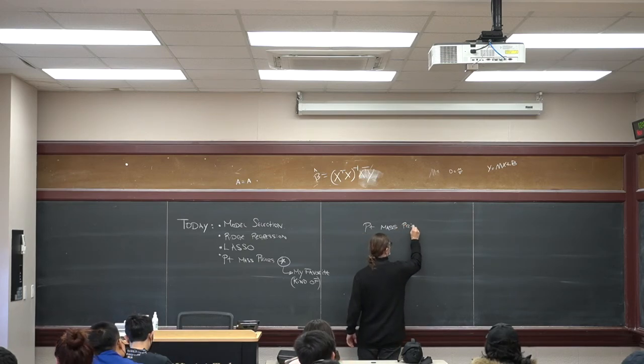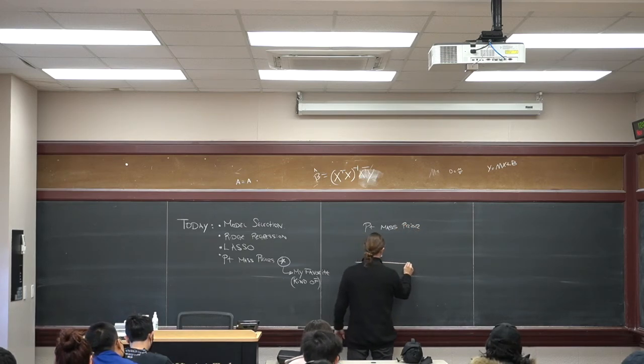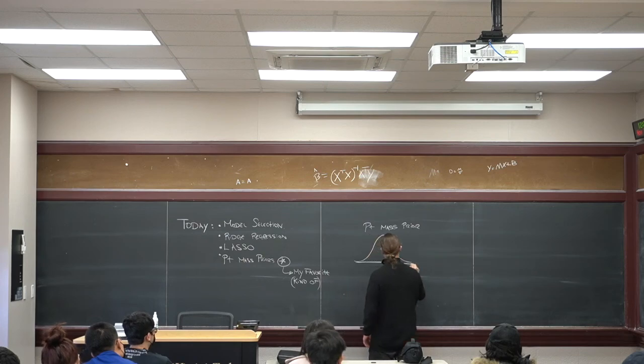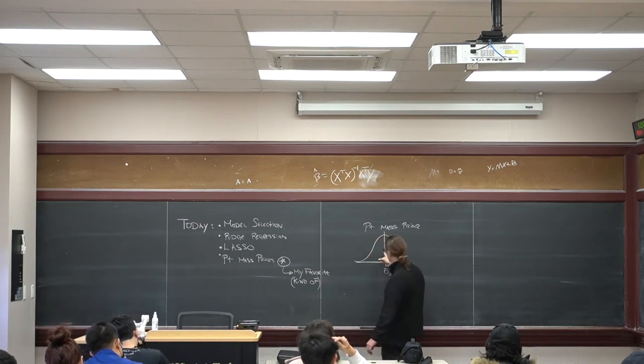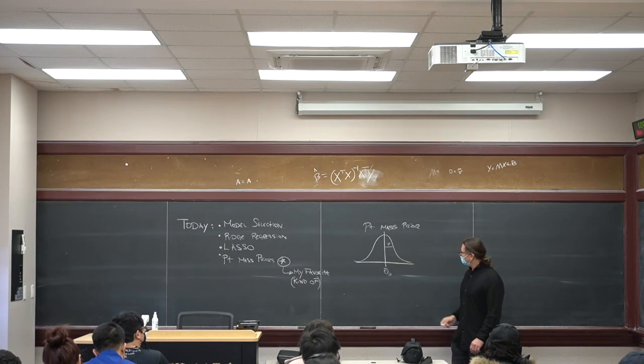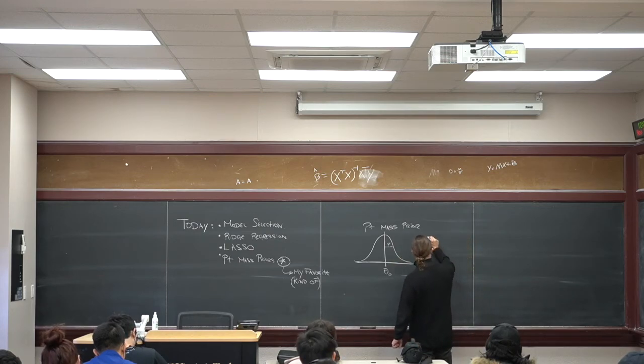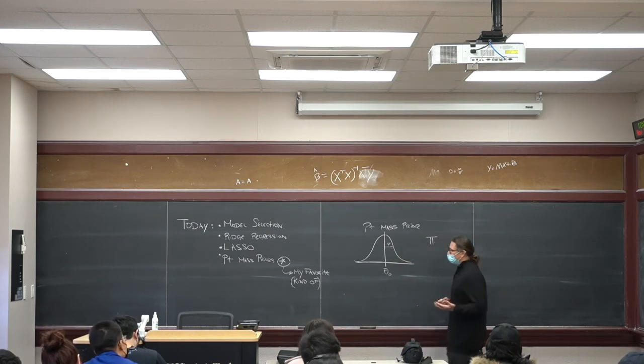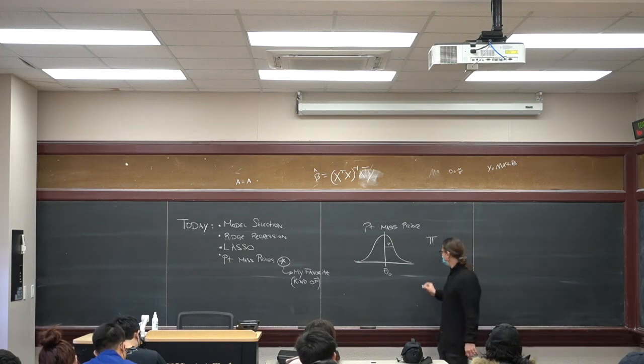So this is what we're talking about. It looks like this. So I'm going to end up putting some mass on theta naught. So I'm going to have a delta function on that, and then the alternative is going to be calibrated by this psi parameter right here. So again, the prior on whatever it is we're testing, I'm just going to call it theta in this case.